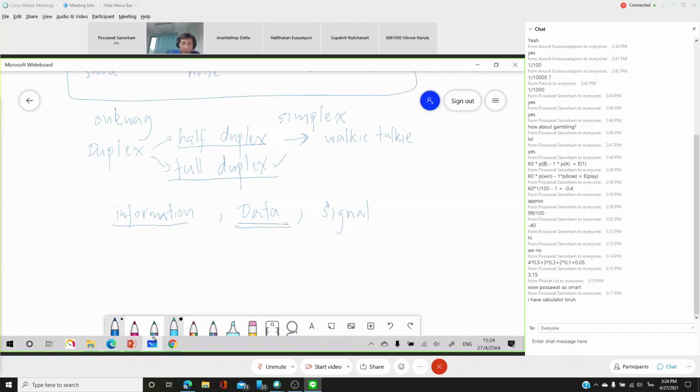We're sending data. Data is converted into signal and we send it. Within that data, there's some portion that we call information, and what is not information is what we call redundancy.